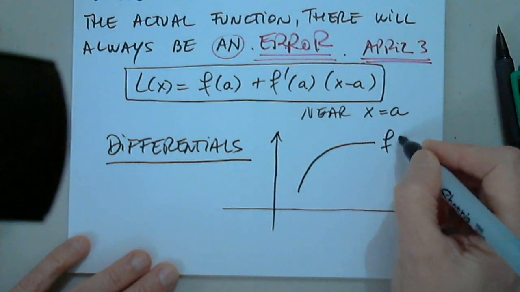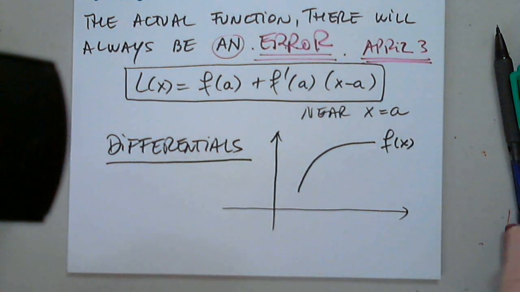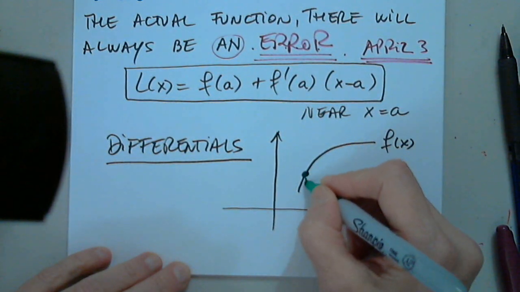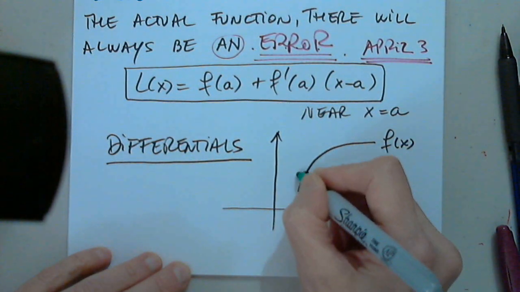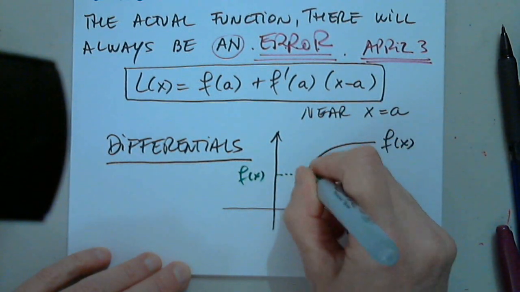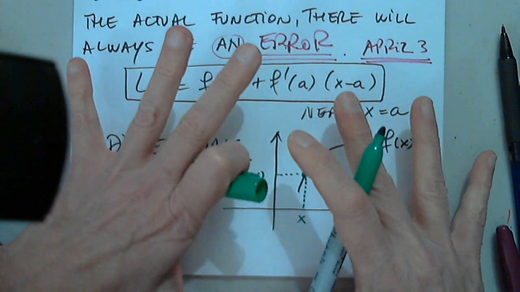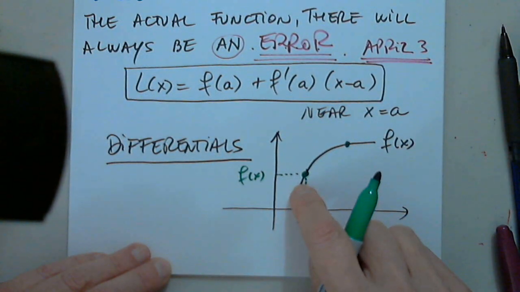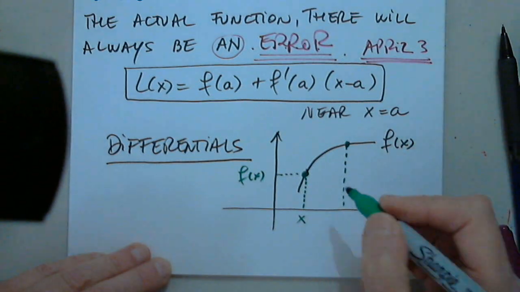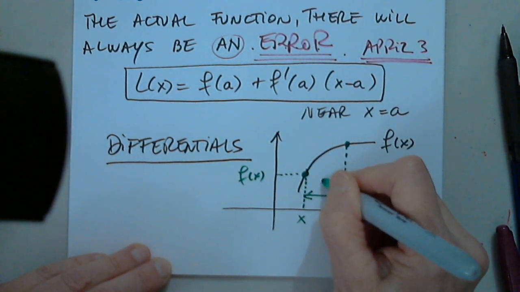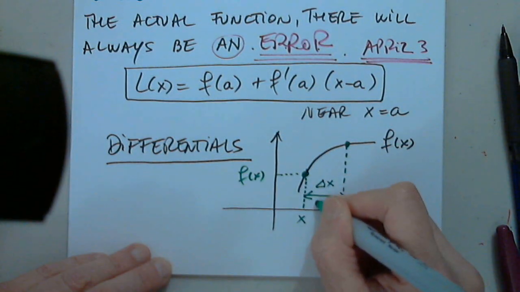So we have our best friend, f of x. And we have a point here, x, and of course f of x. And we have a point extremely close to this one, but I'm zooming in. So now it looks far, but it's extremely close. Because it's very close, we're going to denote this by delta x or dx.